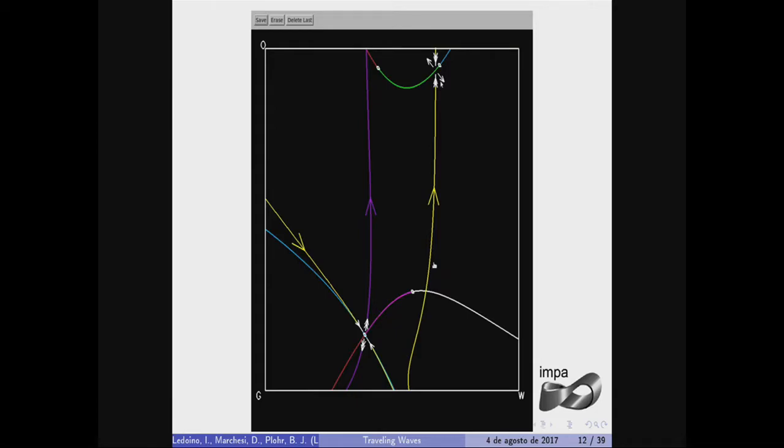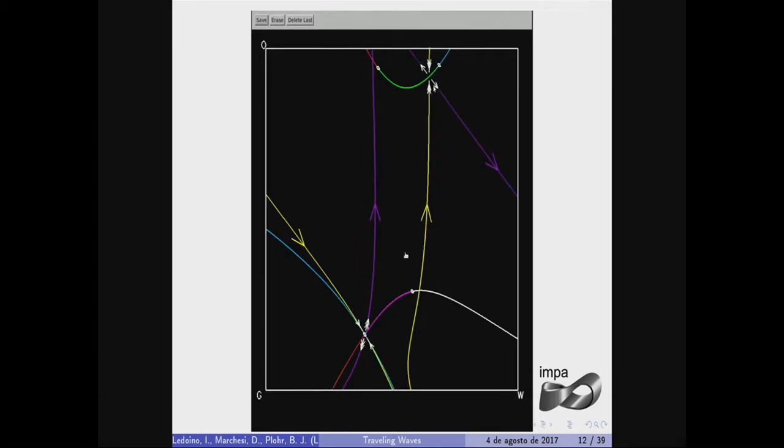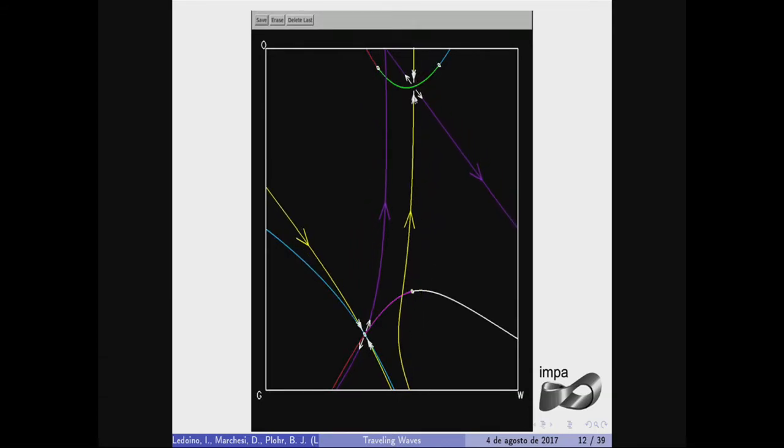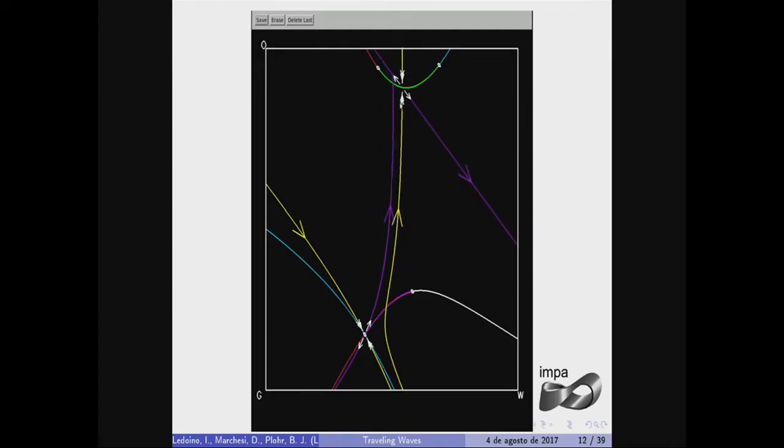So how do we do that? We see that the orbits get close when we move along the Hugoniot. We want to know for what point they coincide here. This is the one we're looking for.